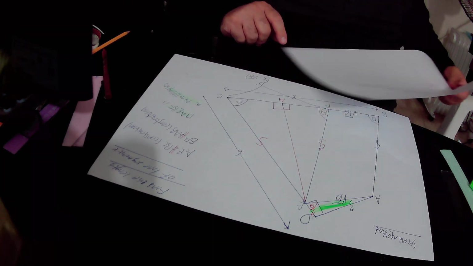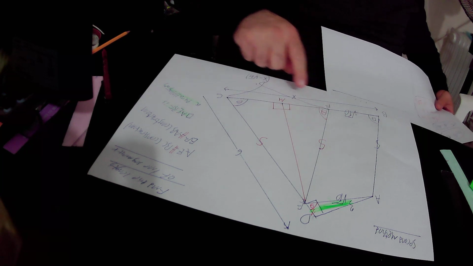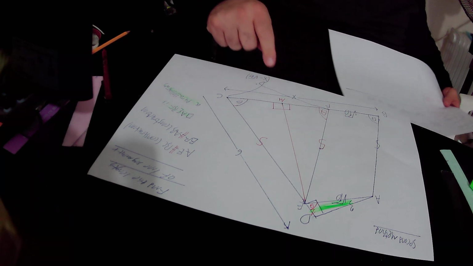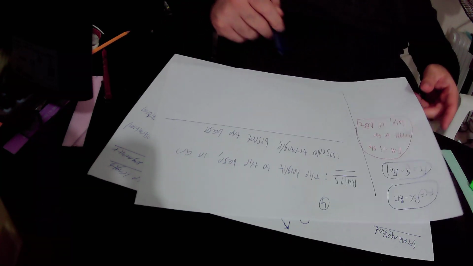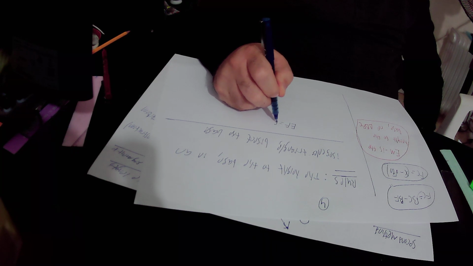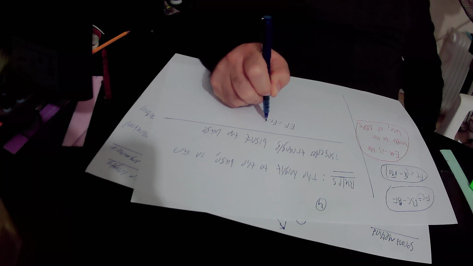So I'll repeat again that triangle EFC is an isosceles triangle because of the fact that EF equals EC. I'll write it down here. EF equals EC equals 5 units.